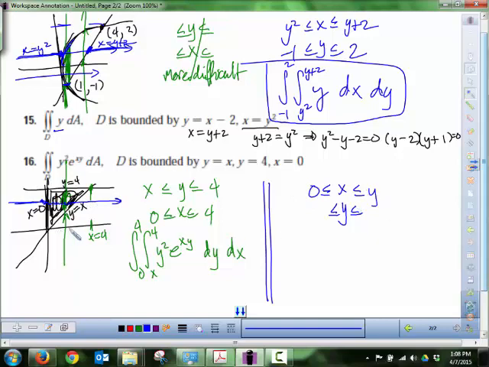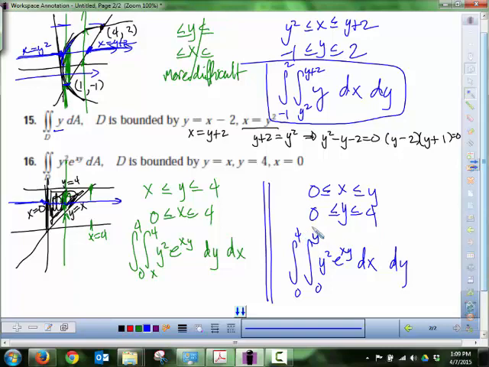And then our y limits go from 0 to 4, constants. So our integral will look like y squared e to the xy dx, going from 0 to y, and then dy going from 0 to 4.